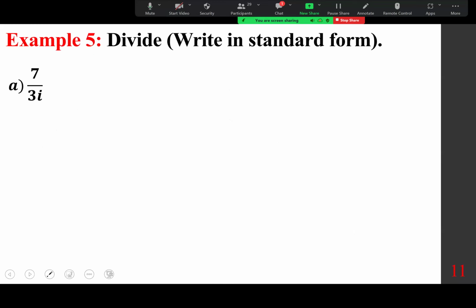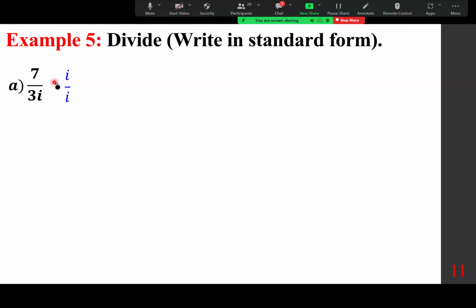What do we mean by that? Let's look at some examples. If you happen to have a denominator that is purely imaginary, all you have to do is multiply the top and the bottom by i, and it will fix the problem.